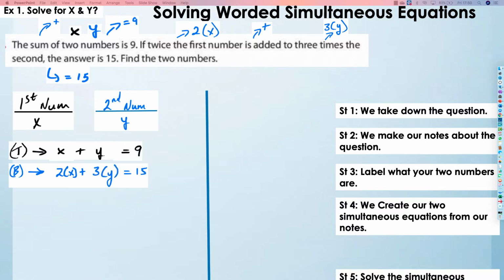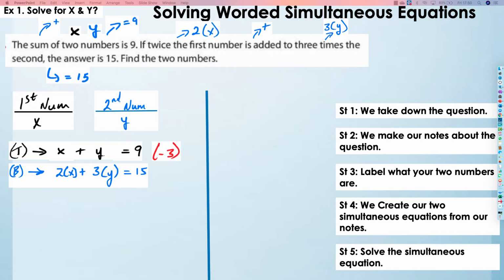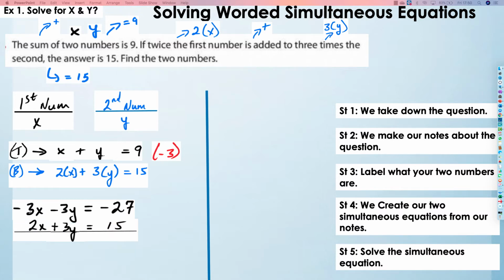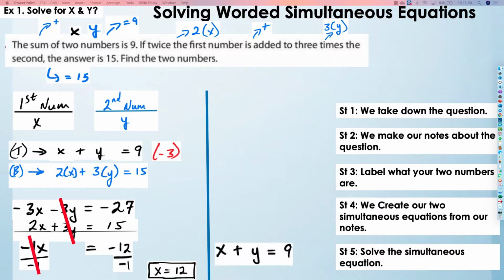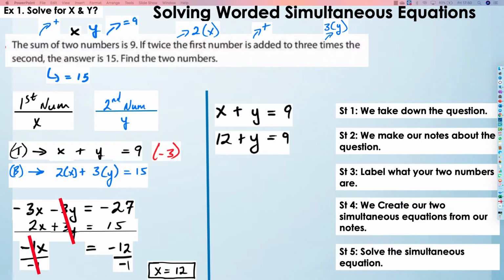You happy with those? Multiply your top line by minus 3. That's minus 3x minus 3y is equal to minus 27. 2x plus 3y is equal to 15. Minus x is equal to minus 12, x equals 12. So back into your top line, 12 plus y equals 9. Y is equal to 9 minus 12, y is equal to minus 3.